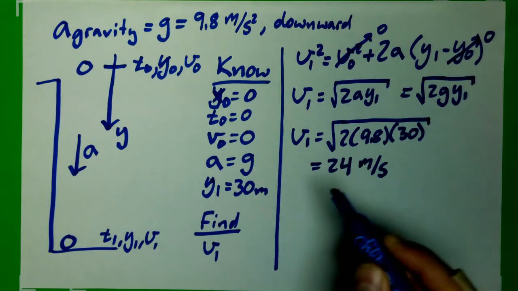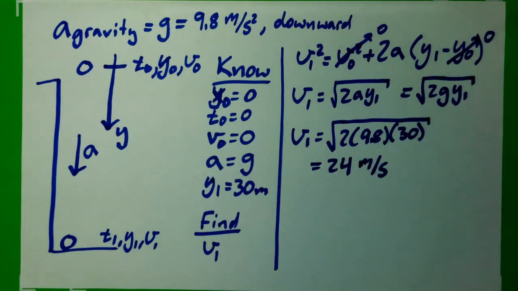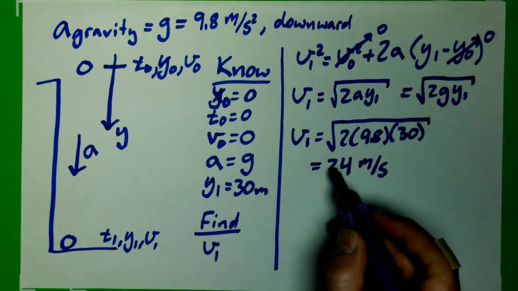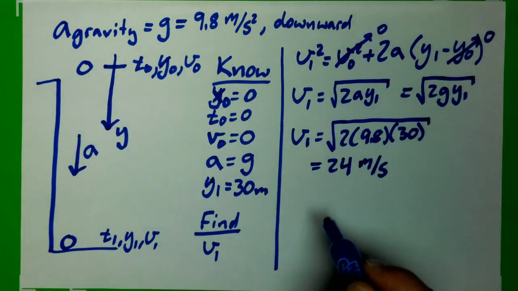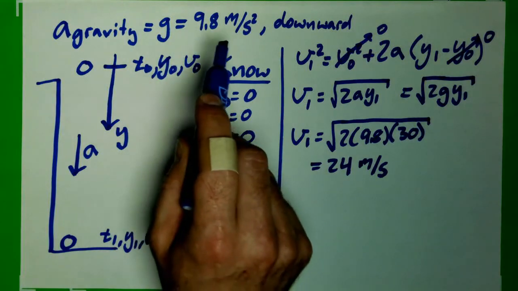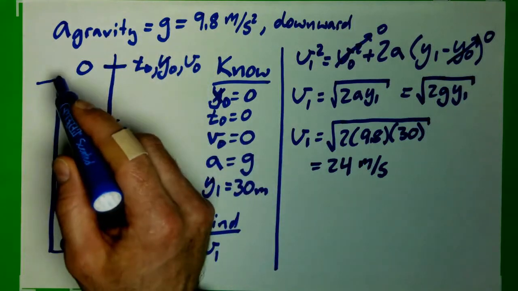Let's say we don't have quite an intuition. We don't know what to compare it to. One way to do it is to consider moving your decimal place. What if it was 2.4? Would that be reasonable? Well, we know that the speed increases 9.8 meters per second every second.